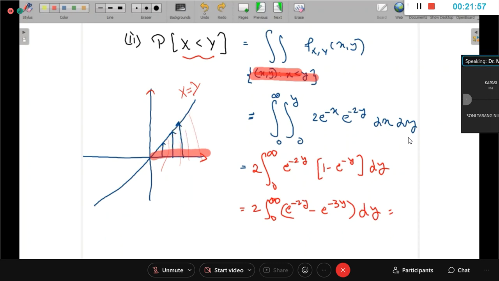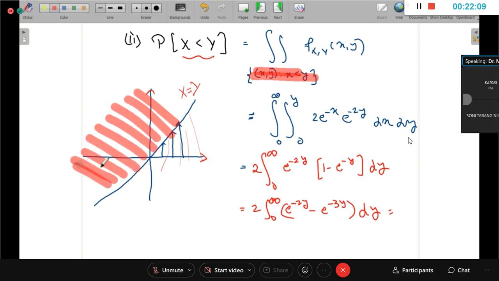Right, x is less than y, because here x is getting positive. So x less than y is this side, and x greater than y is this side. Now this is the region where you have to work.